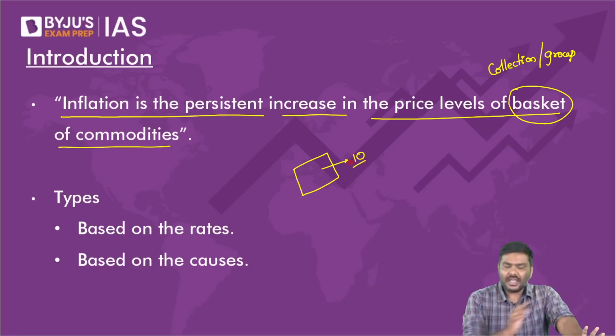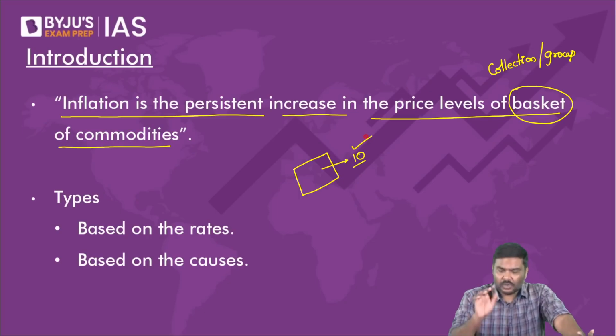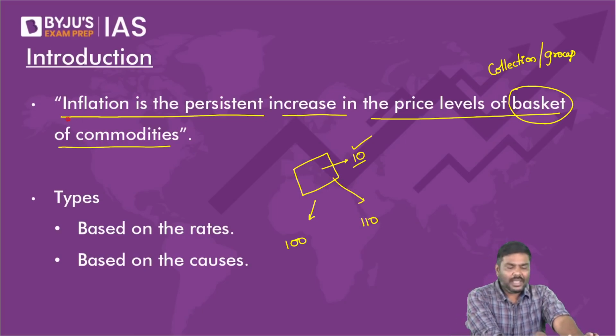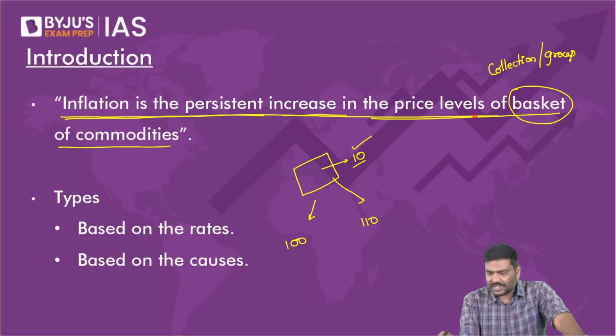Now, last year, to purchase these 10 goods, imagine you paid 100 rupees. And this year, for purchasing the same basket of goods, you are paying 110 rupees. Now please tell me, is it the definition of inflation?